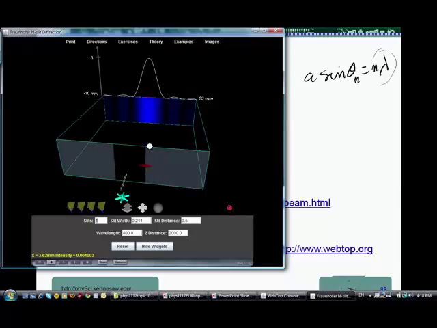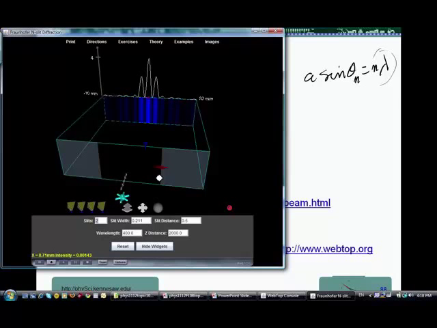So actually, in this screen, we have two things happening at the same time: the interference pattern due to the two slits, and we are not seeing them very well here, and the diffraction pattern due to the one slit. These are the interference fringes. And these, the big ones, are the diffraction fringes.